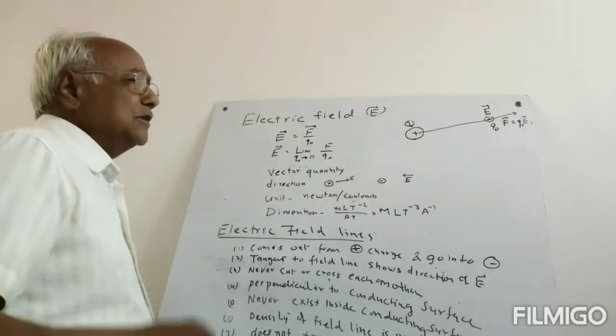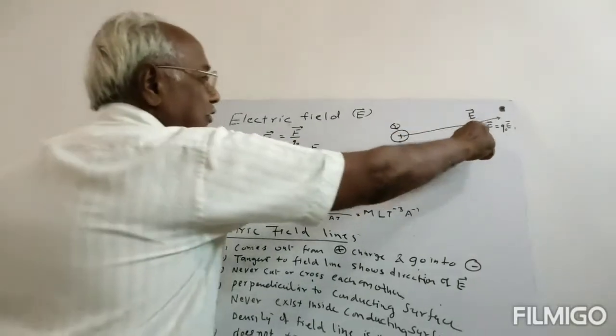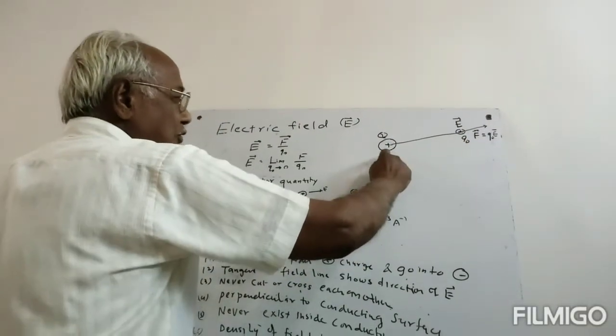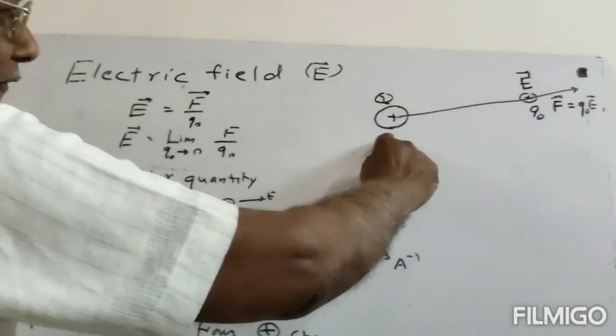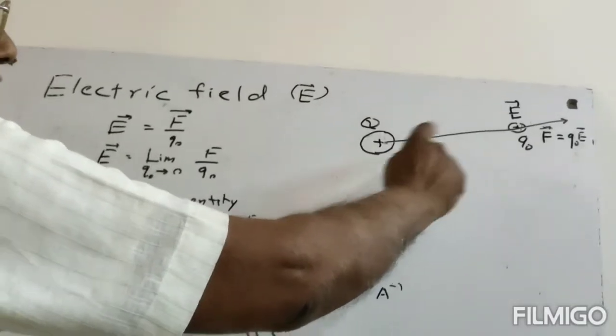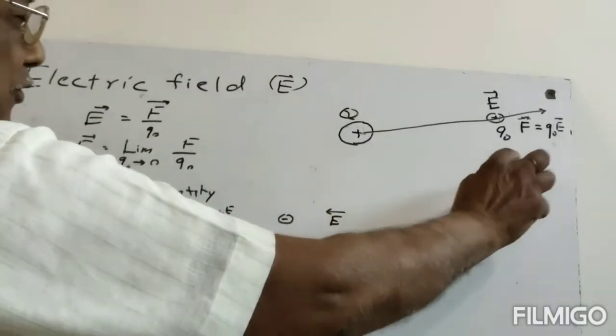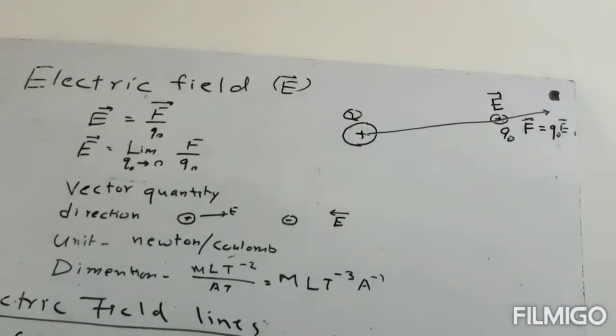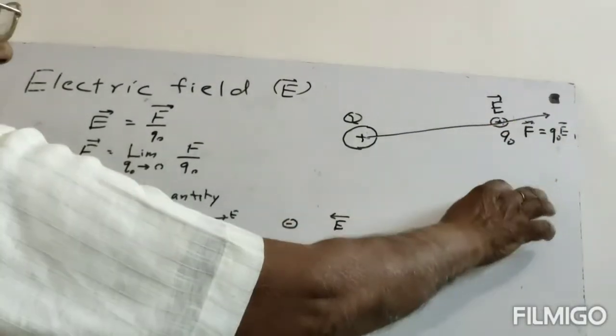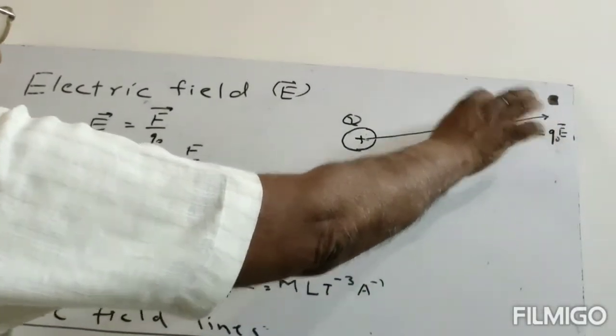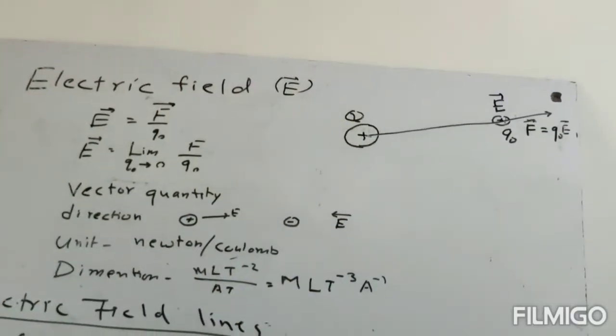The force experienced by charge Q0, which is the test charge, due to the electrical field of the capital Q charge, will be F equal to Q0 into E, where Q0 is the charge of the test charge and E is the electrical field at this point due to the capital charge Q.